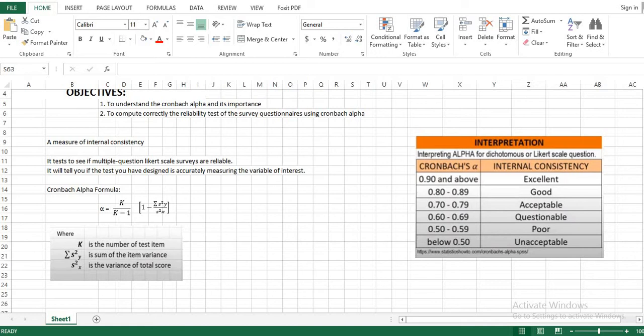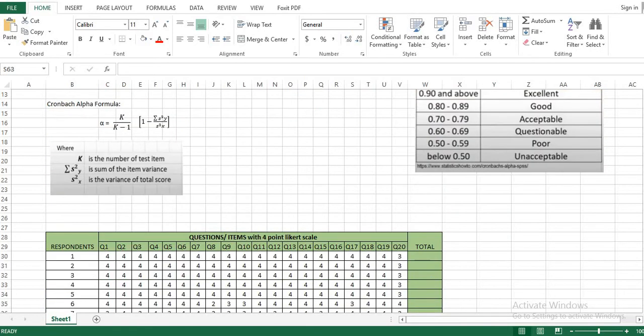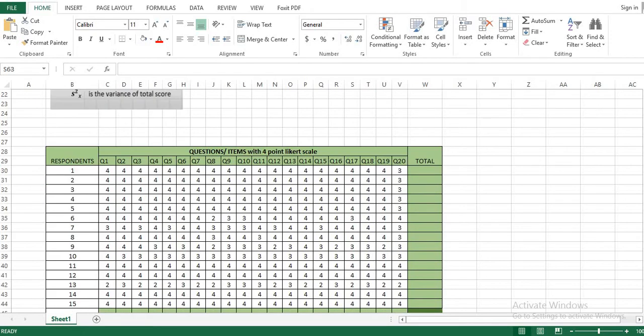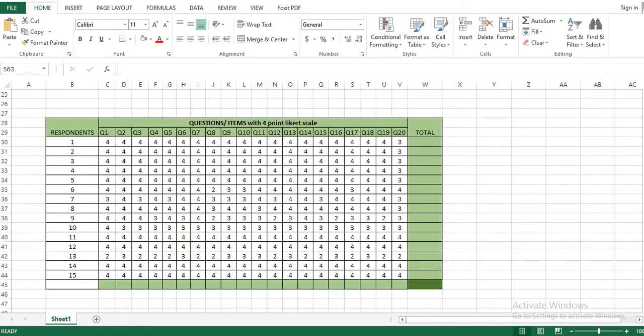And this is the formula of the Cronbach alpha, where K is the number of test items, the summation of S squared Y is the sum of the item variance, and S squared X is the variance of the total score.